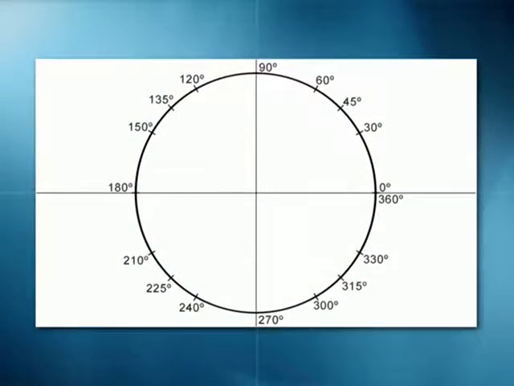And here's a picture of a circle with a lot of degree markings. Let's savor this for a moment. You see over there 0 degrees. There's essentially no angle at all. And then I see 90 degrees. That's a perpendicular line to the x-axis. That's a 90-degree angle. 180 is over on the other side.